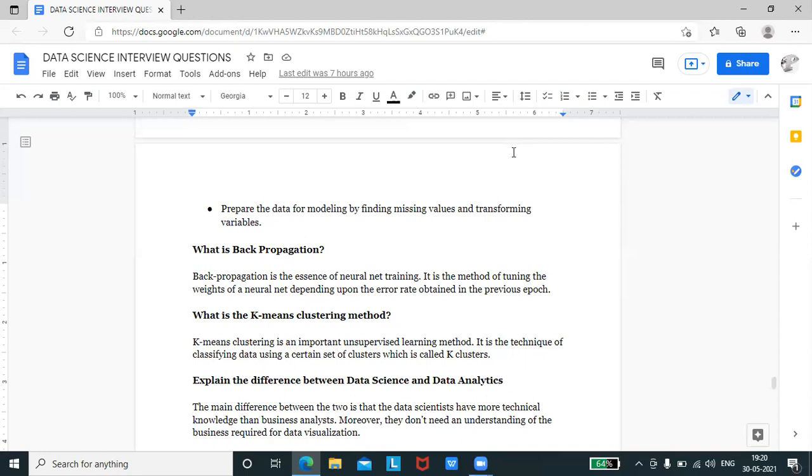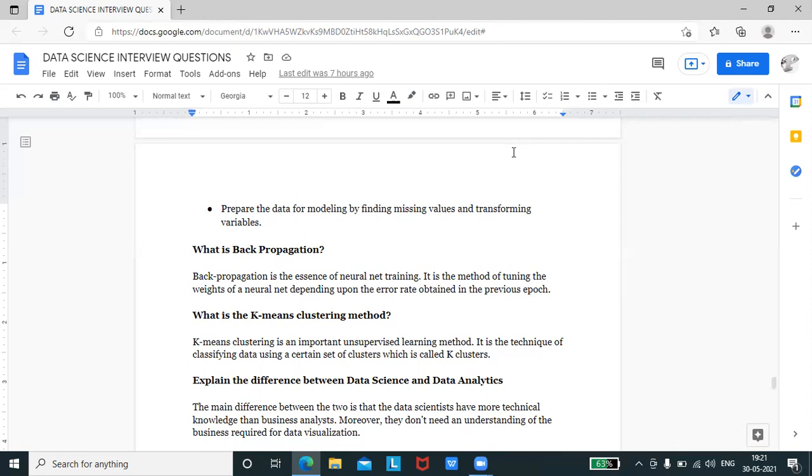Here, K defines the number of predefined clusters that need to be created in the process. So if K equals 2, there will be 2 clusters. And if K equals 3, there will be 3 clusters and so on. It is an iterative algorithm that divides the unlabeled dataset into K different clusters in such a way that each dataset belongs to only one group that has similar properties.